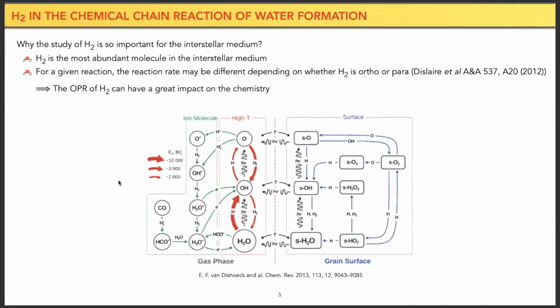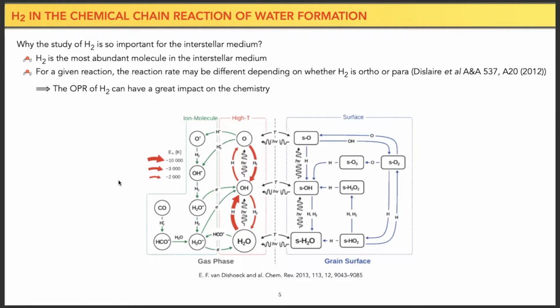So why is the study of H2 so important for the interstellar medium? H2 is the most abundant molecule in the interstellar medium, and for a given reaction, the reaction rate may be different depending on whether H2 is ortho or para. So the OPR of H2 can have a great impact on the chemistry.